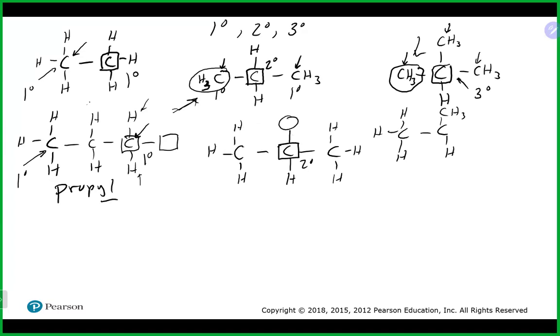This is still 3 carbons, which is still propyl, but this is a special group known as isopropyl. It's a historical name that's been used a lot. Maybe you've heard of isopropyl alcohol. Yes, that's the deal right there. You put an OH where that little circle is, and you have isopropyl alcohol.